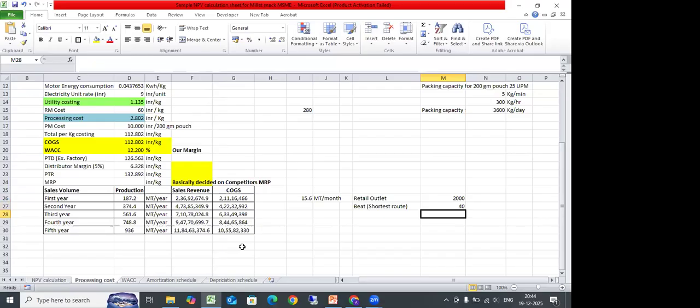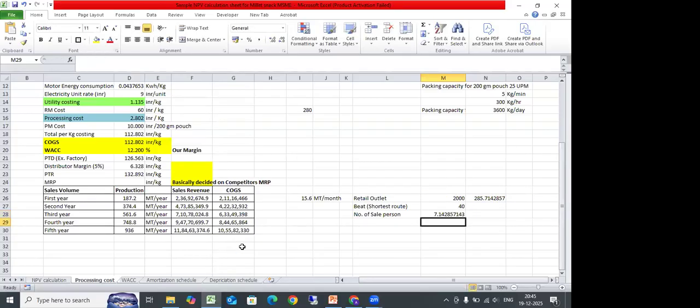You are not going to cover 2000 in a day. Maybe you have decided I will cover 2000 in a week. So that means 285 per day. So the number of salespersons also depends on cost, because if you employ more salespeople, your operating cost will go up.